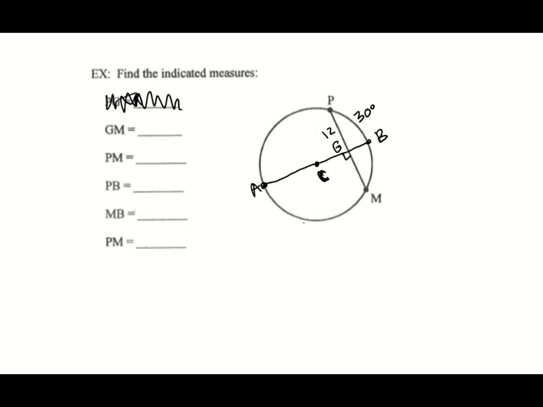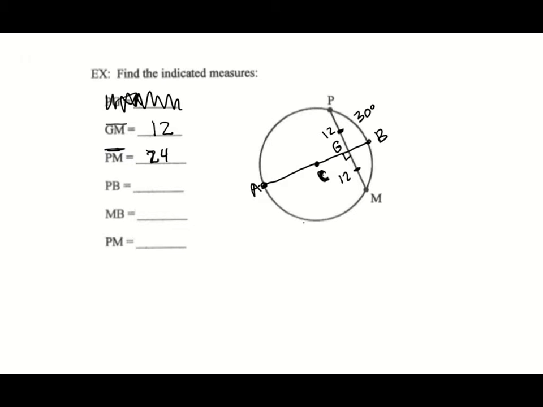So if we have GM as our first segment, we want to figure out what that is. We know this one over here is 12, and since this is perpendicular to the chord, we know that this one is going to be the same thing, 12. Our segment PM, all the way across that chord, if both pieces are 12, we can add those together and we get 24.